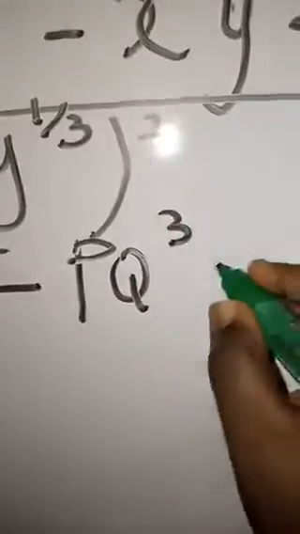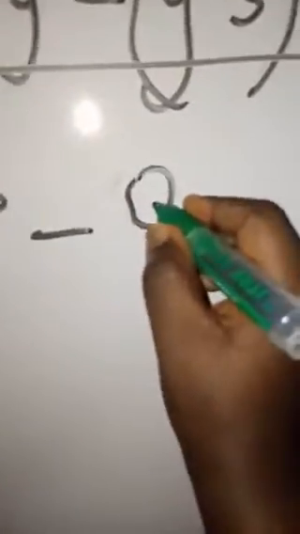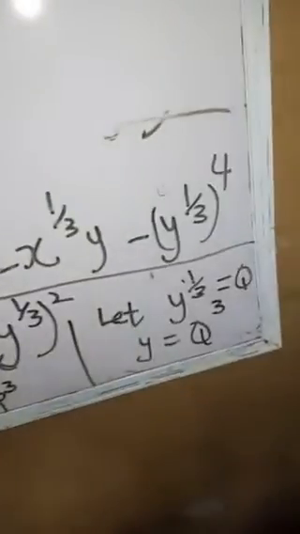And instead of y, we are going to write q cube. Q cube. Then minus y raised to power 1 over 3 is equal to q. That's q raised to power of 4. And all over x raised to power 1 over 3 is p square minus y raised to power 1 over 3 is q, minus q square.